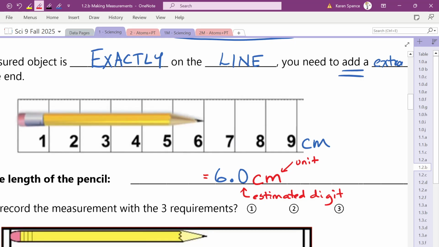Okay? The abbreviation for length is the letter L. You don't need to write it like that. I write it like that so it doesn't look like the number 1. Okay? But if you want to write it like this, that's fine because that's a letter L. Yes?